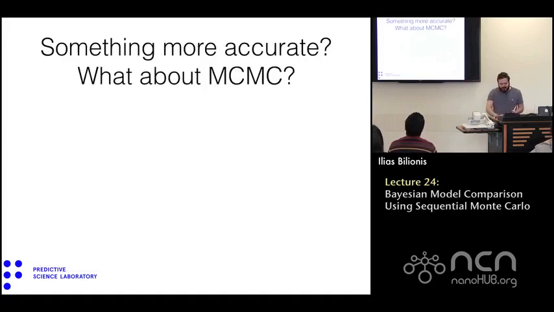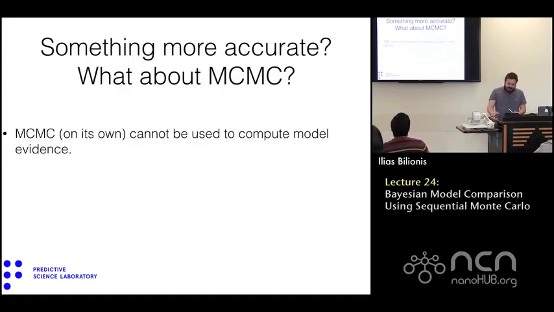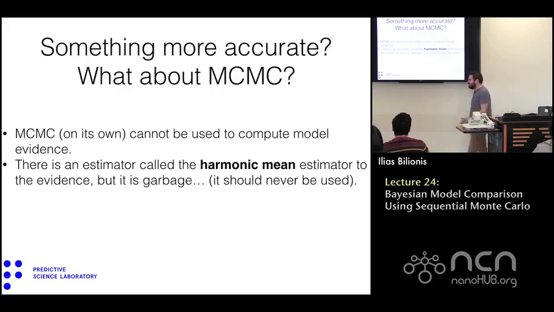All right. Now, we learned how to do MCMC. So you may be wondering, well, can't I use MCMC to get the model evidence? And the answer is no, you cannot, at least on its own. There is an estimator based on pure MCMC that gives you the model evidence, but it is a Monte Carlo estimator with an infinite variance.